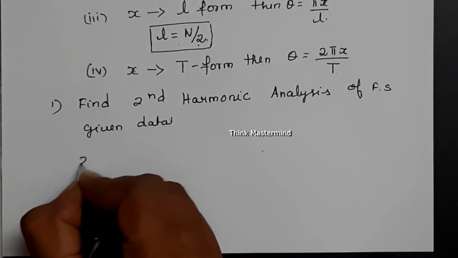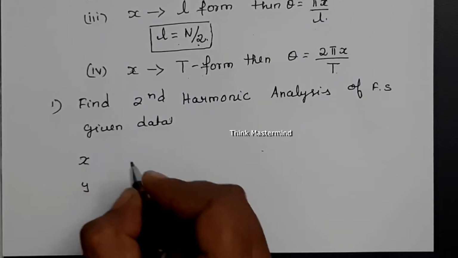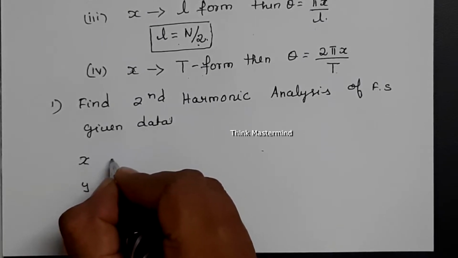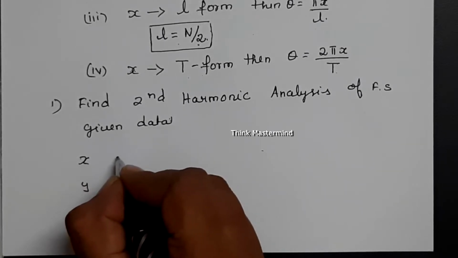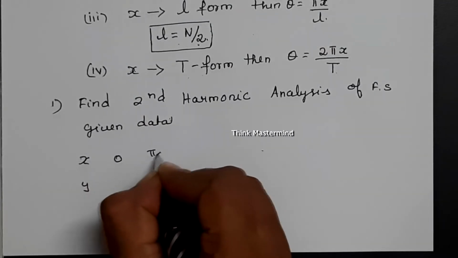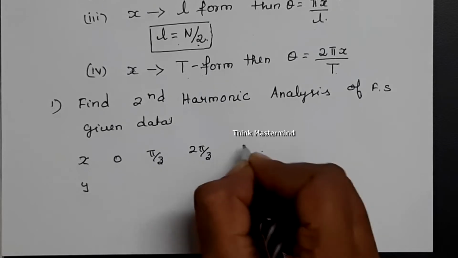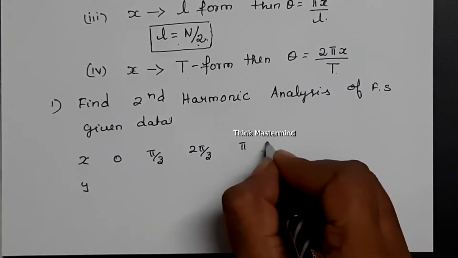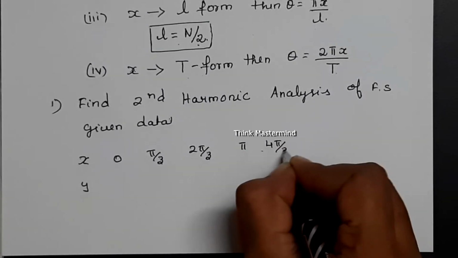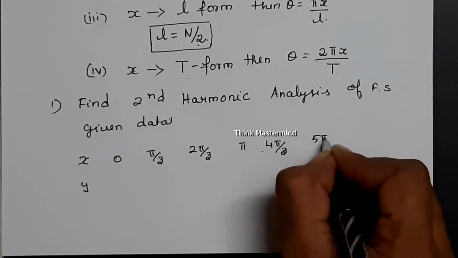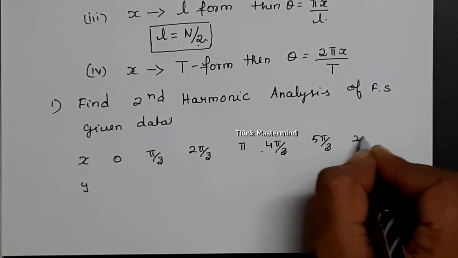So data is given, x value, the corresponding y value is given. First I am taking it in radian form: 0, pi by 3, 2 pi by 3, pi, 4 pi by 3, 5 pi by 3, 2 pi.